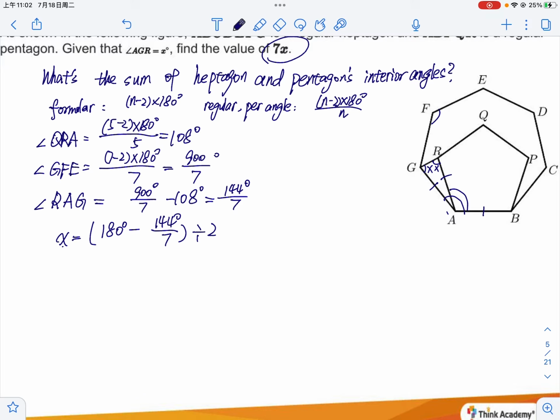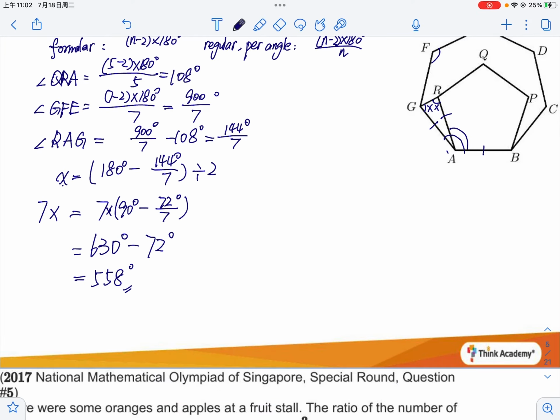So just multiply by 7 on both sides, and it will become 90 degrees minus 72 divided by 7 degrees, and times 7, right? So the answer is 630 degrees minus 72 degrees. So the answer will be 558 degrees. So here's the answer.